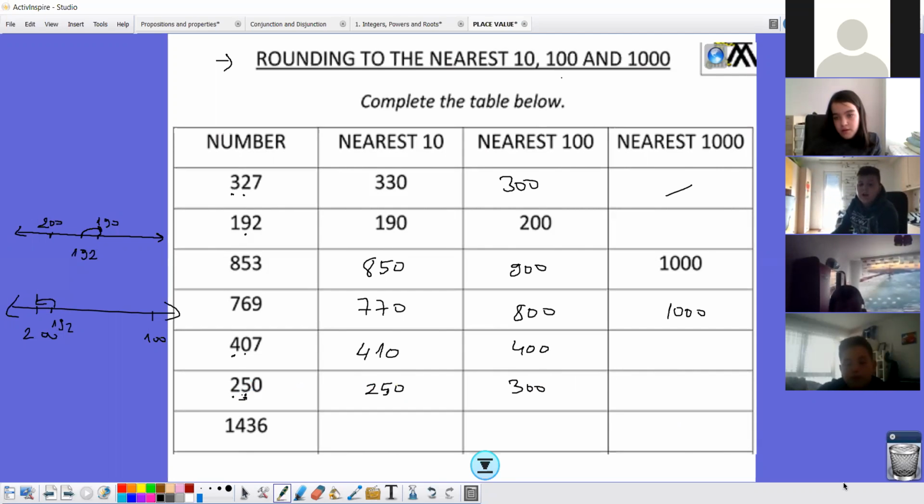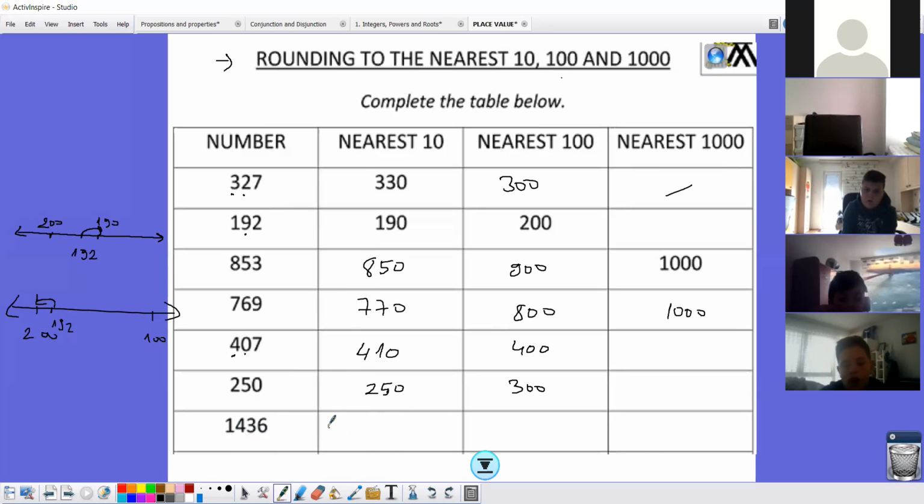Efe, can you explain this one? Nearest 10? In which one? Because my computer is a bit slow, I cannot see. Last one, 1436.